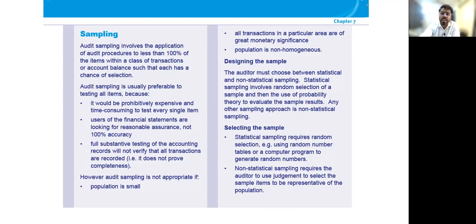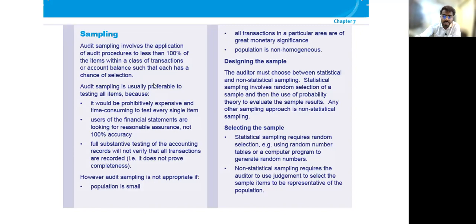Any other method will be a non-statistical sampling. So remember, when is it a statistical sampling method? When there is use of random selection and probability theory. Remember those two things, random selection and probability theory.